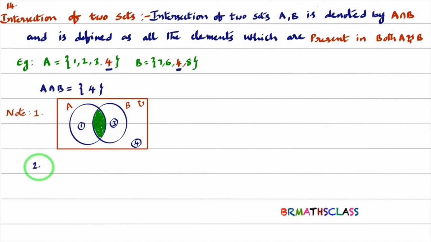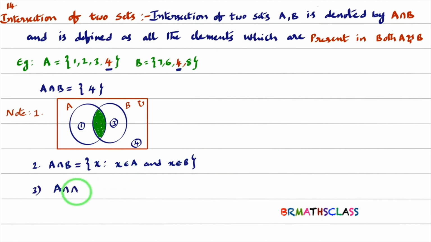Now second important point, how we write A intersection B in set builder form. X is an element which is present in A intersection B such that X belongs to A and X belongs to B. In union, what we wrote? A union B is written as X belongs to A or X belongs to B. When we calculate A intersection A, we will get A only.